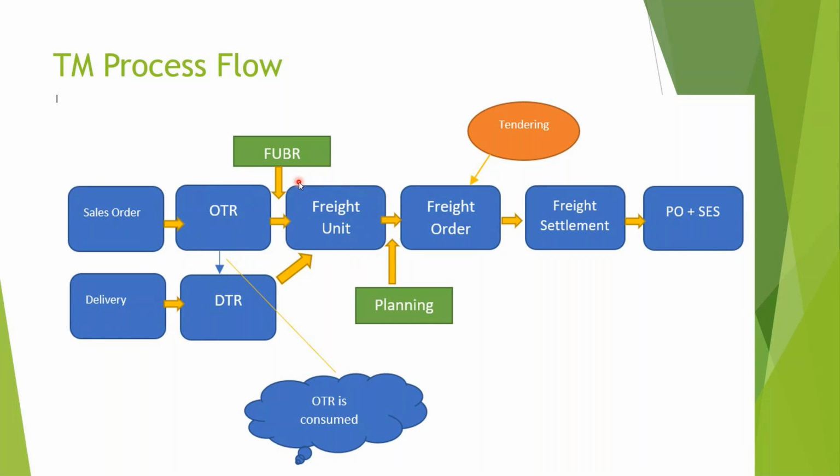A freight unit is basically the smallest transportation unit required to transport the stuff. It will always link together throughout the life cycle of a transportation process.